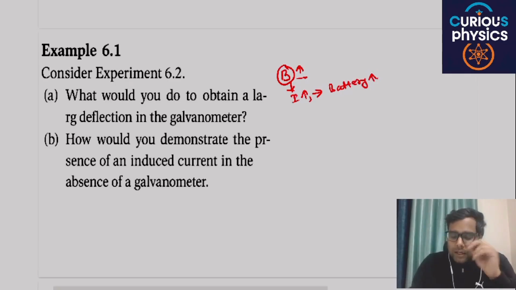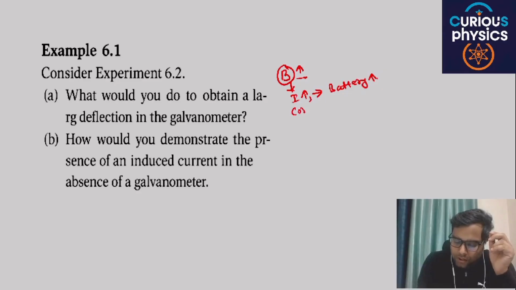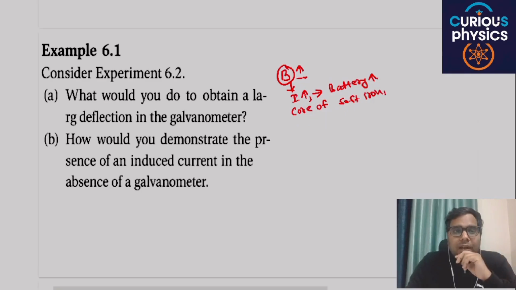Second, you can use a core of soft iron. A core of soft iron will increase the value of the magnetic field, which we studied in chapter 5, under the concept of ferromagnetism.